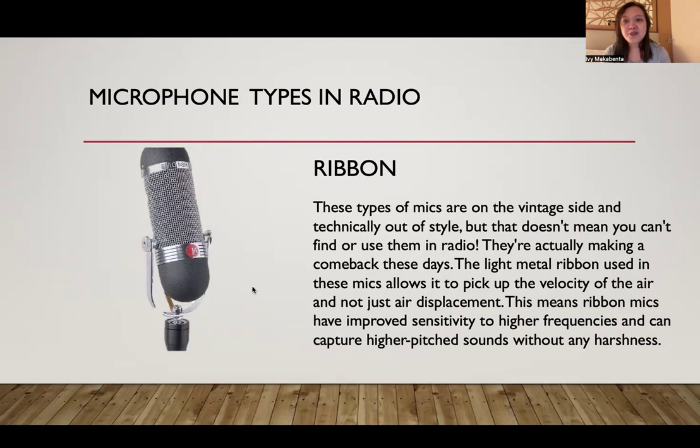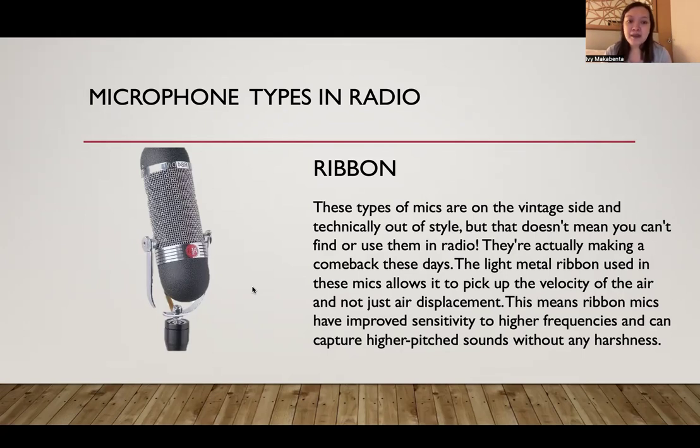And last but not least, we have the ribbon. These types of microphones are on the vintage side and technically out of style, but that doesn't mean you can't find or use them in radio. They're actually making a comeback these days. The light metal ribbon used in these microphones allows them to pick up the velocity of the air and not just air displacement.